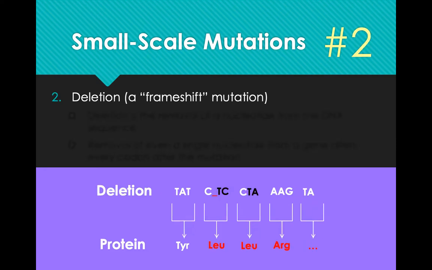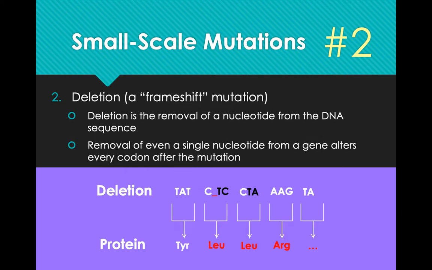Another type of small scale mutation is a deletion. In this case, we deleted a nucleotide, or a base pair, or one base. And then it causes what we call a frame shift mutation. It shifts our entire reading frame, right?